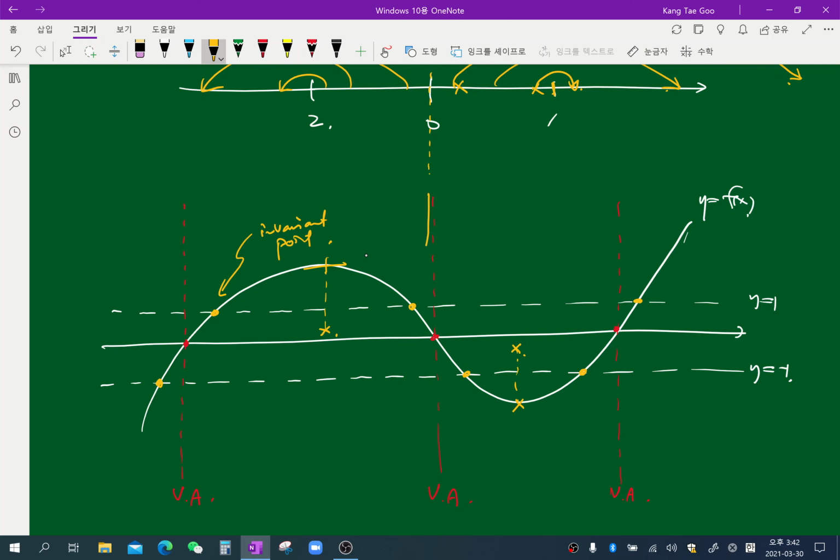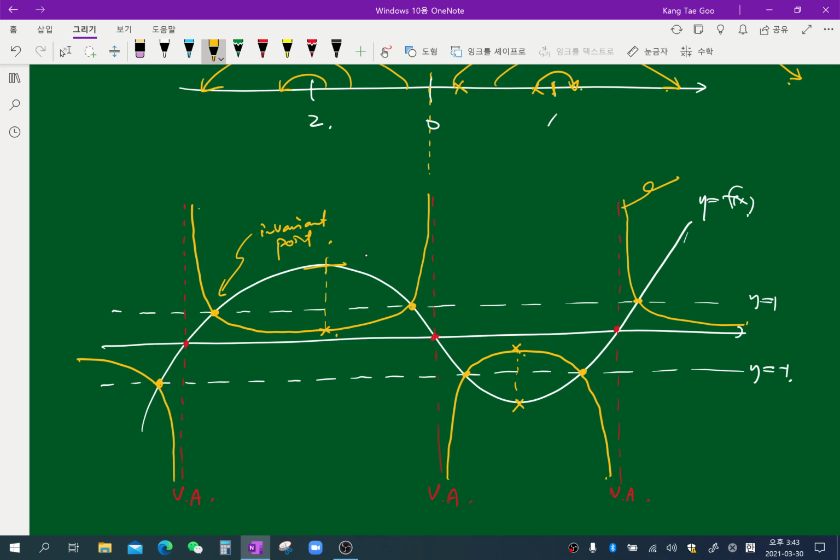Then the graph goes like this, just connect all those points smoothly. Understand? This is the so-called y equals reciprocal function graph.